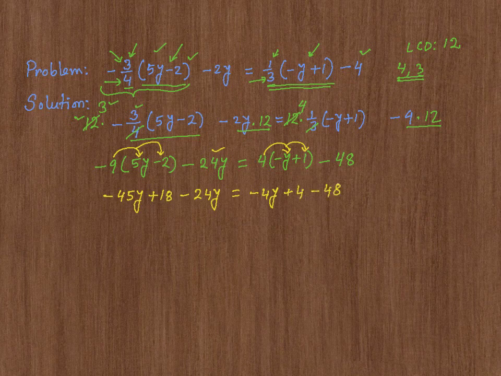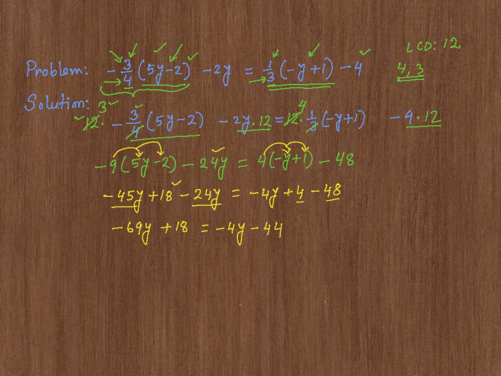At this point I am going to combine the like terms. I have negative 24y and negative 45y, that's going to be negative 69y. Then plus 18 is equal to, on the right hand side, negative 4y, and 4 minus 48 is going to give me negative 44.